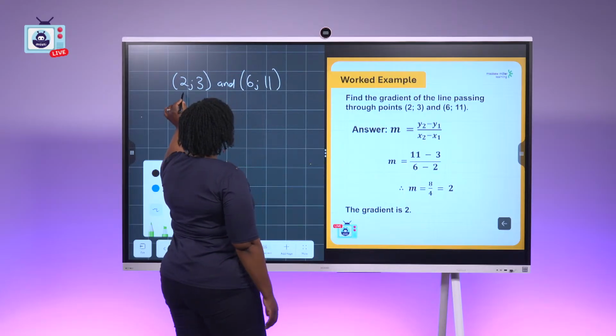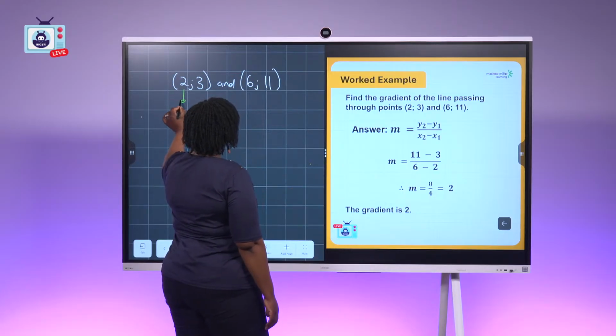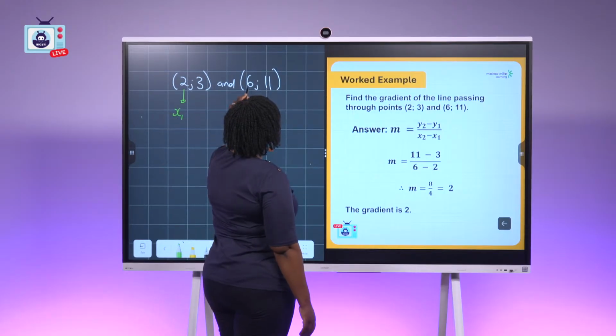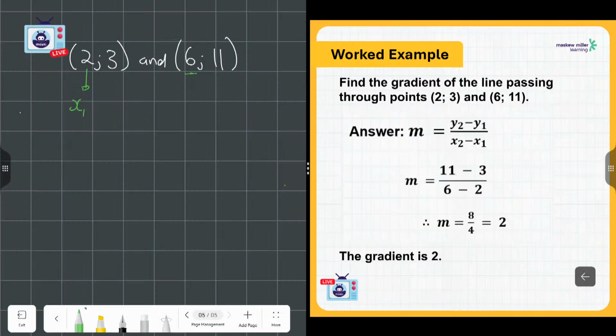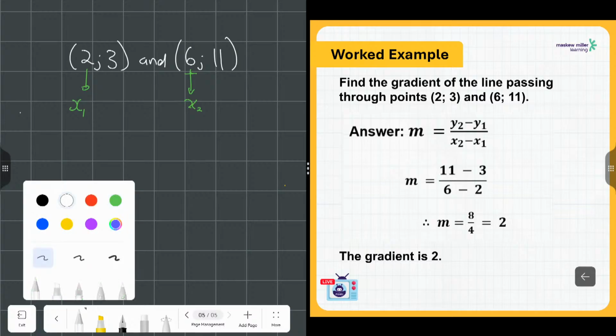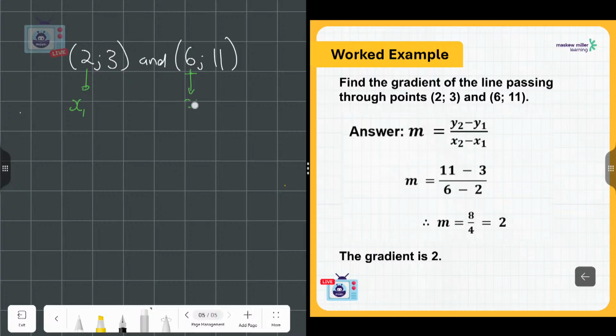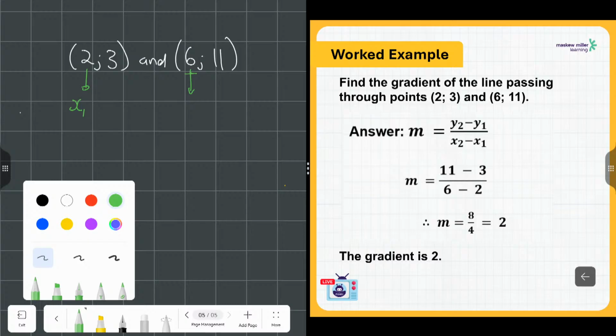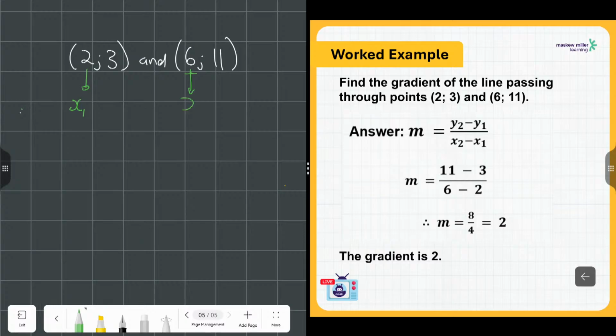In this case, we have represented our numbers in terms of x and y. When we represent it, we say that 2 will represent our x1, for example, and then 6 will represent x2. Do you see where I'm writing the numbers? I'm writing them as subscripts right at the bottom. You don't put them together with the number, it has to be at the bottom of the number like this. So if I choose my 2 to be x1, that means my 6 will be x2.